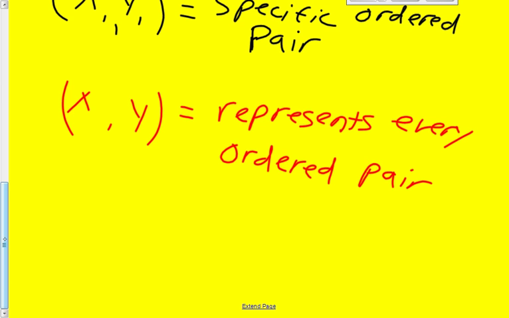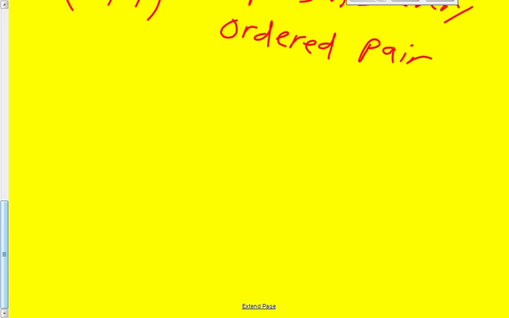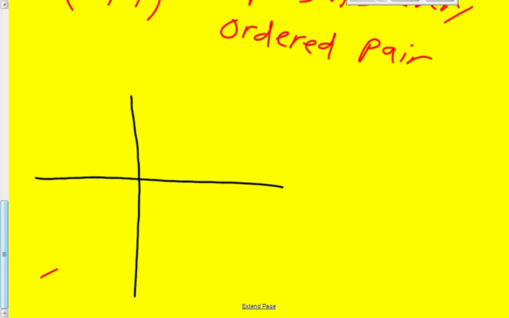So just to give you an example of this one, we said that a line has an infinite number of points. So here's my xy coordinate grid, and here is going to be my line. And this line has an infinite number of points on it, and I will just draw, oh, I don't know, maybe I'll draw 10 of them or so. So here's all these ordered pairs. And I could label all of them, and then they would be specific ordered pairs.